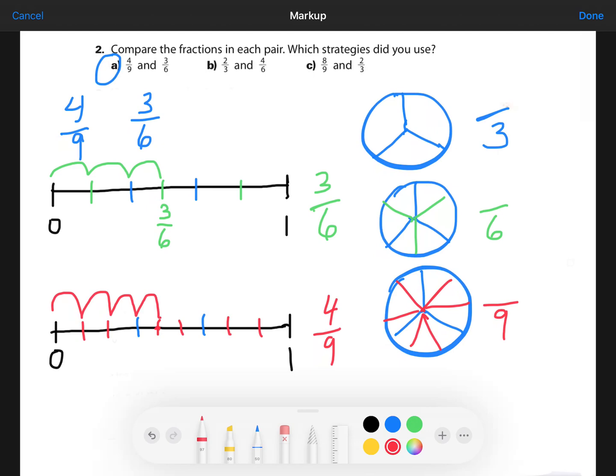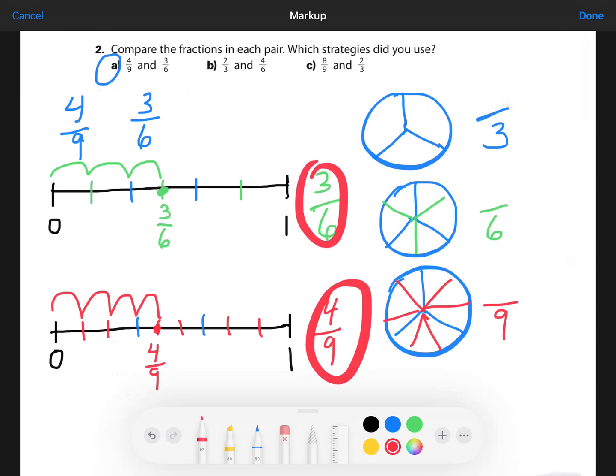And I need a little dot there. Forgot that. And a little dot here. Please always label. I know I have them labeled over here, but that was mainly just to show you what was going on each number line, but it's really important to use the dot, use the little loops, and label the fraction where it lands on the number line.